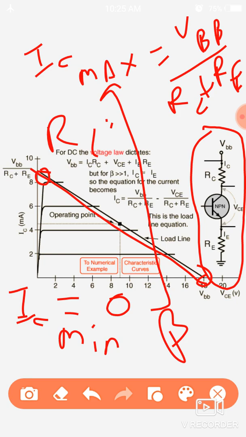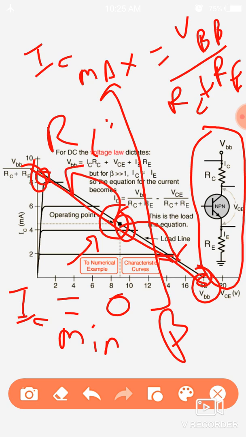We must select the values of RC and RE in such a way that the operating point lies between these values of current, and we can say that the operating point must be on the load line.